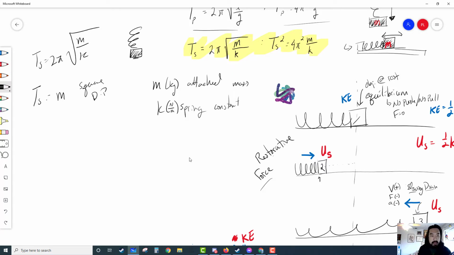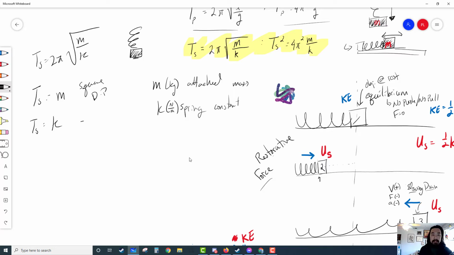And this k down here, I should do that on the other side. This k, this spring constant. Remember, the spring constant tells you how spring-like or how stiff a spring is. The more stiff a spring becomes, the less likely it wants to move. I'm going to say it again. The more stiff, or the higher the spring constant, the less likely it wants to move.